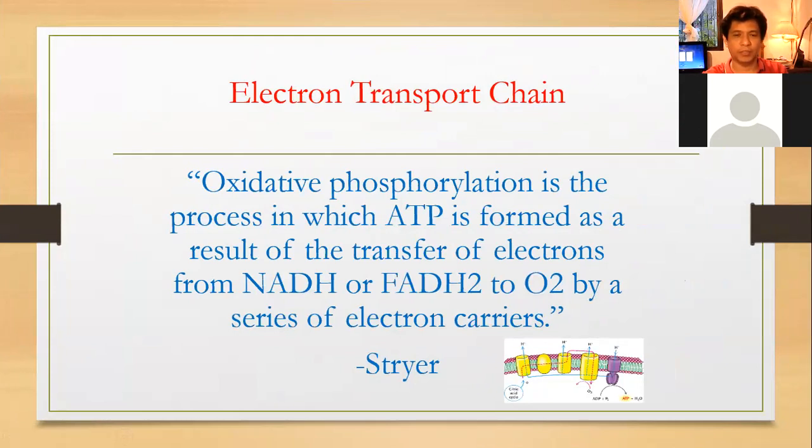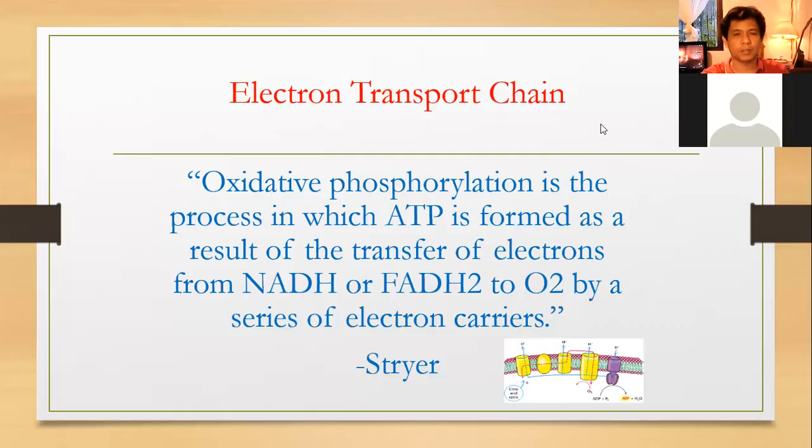Electron transport chain. So the other name for electron transport chain is oxidative phosphorylation. So this is the process in which ATP is formed as a result of the... Okay. So oxidative phosphorylation is the other name for electron transport chain.